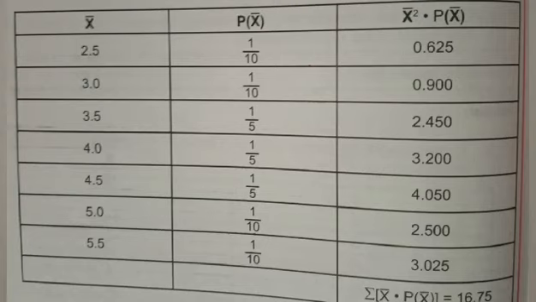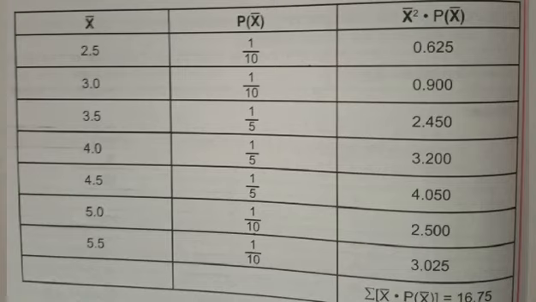And then, class, let us have a 3-column table, wherein the first column is for the value of x, the second column is for the value of P of x, and the third column is for the product of the square of x and the P of x. As you would notice, the values of our x, or the means, are 2.5, 3.0, 3.5, 4.0, 4.5, 5.0, and 5.5.